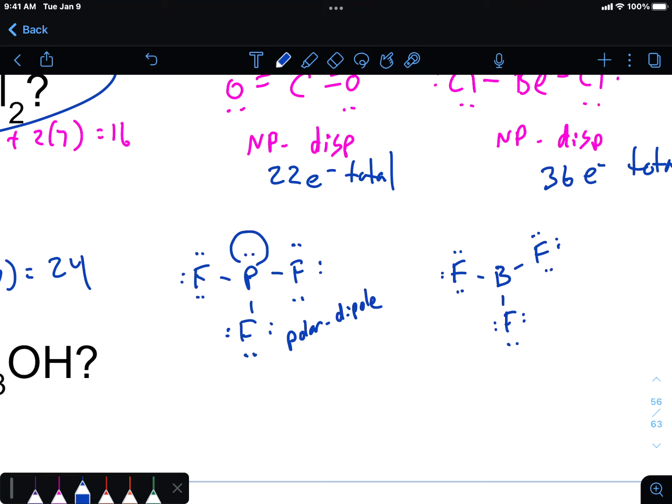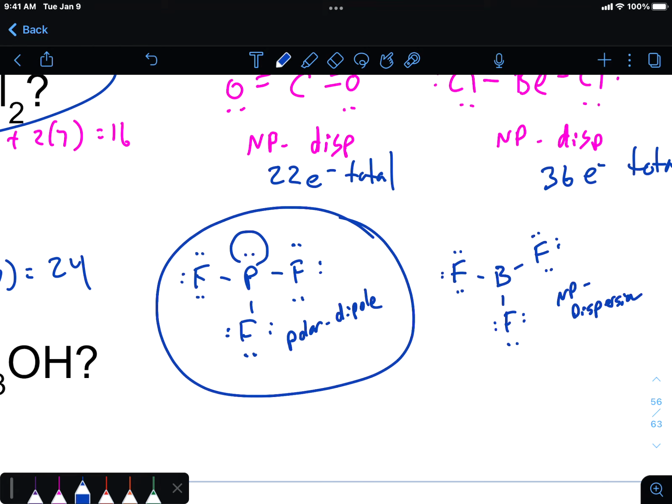This is trigonal planar, this is nonpolar, and this is dispersion. So PF3, which is polar and has dispersion forces, has stronger attractions than BF3, which only has dispersion forces. So PF3 is going to have the higher boiling point.